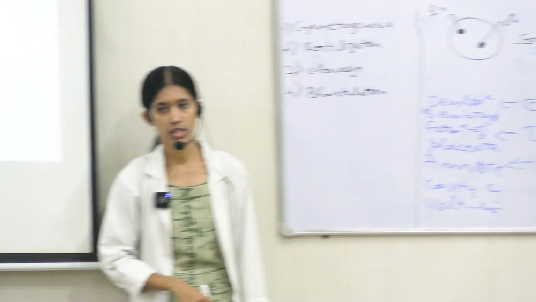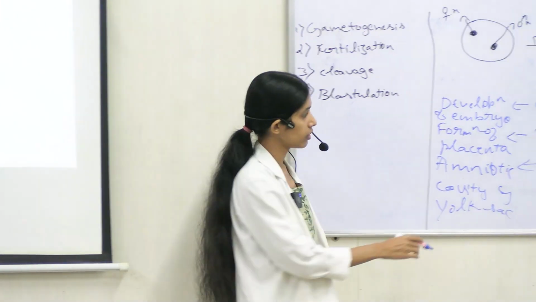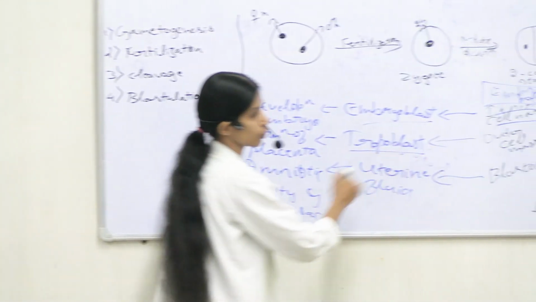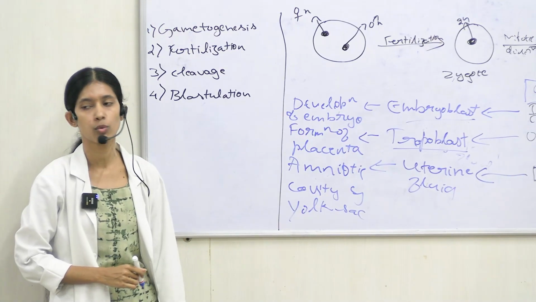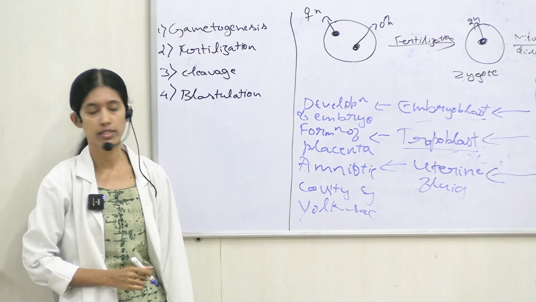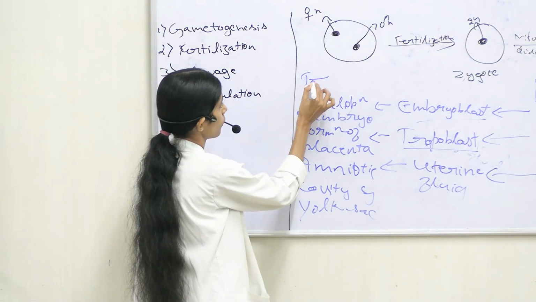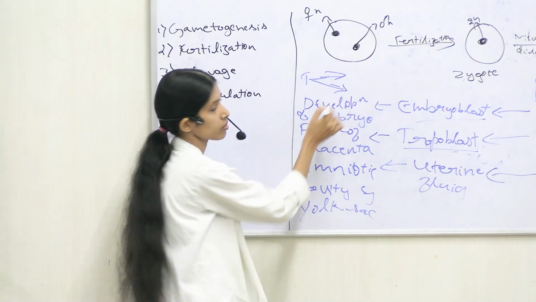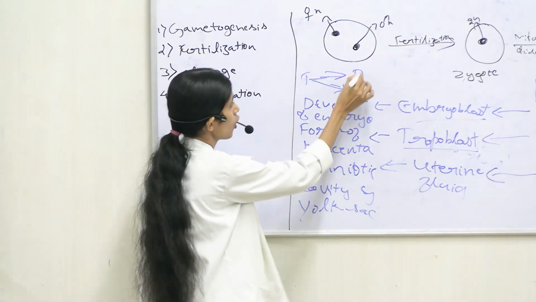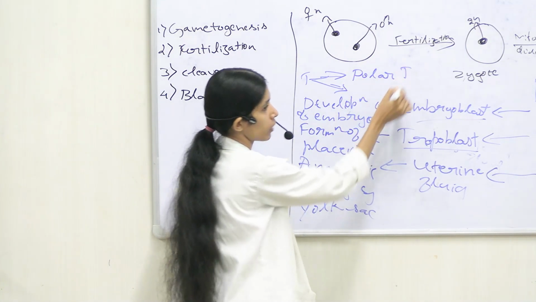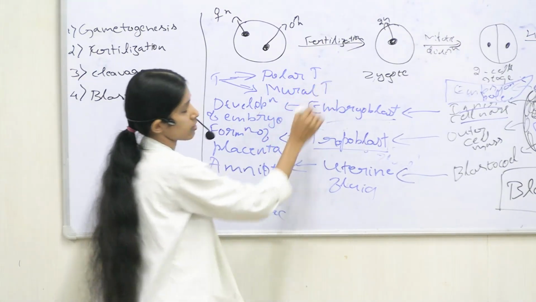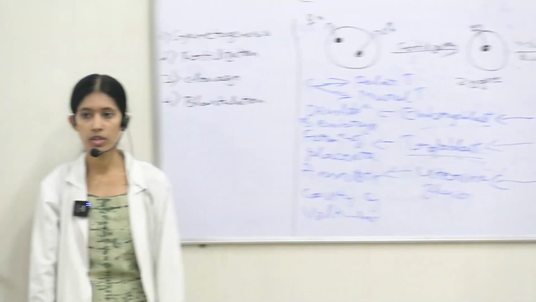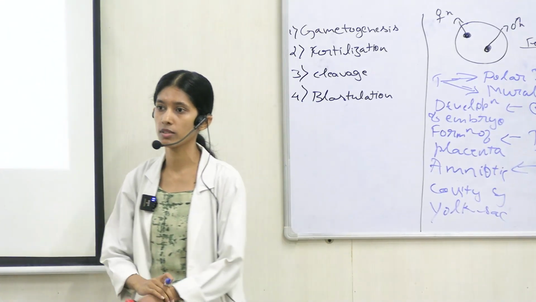And remember again, in the trophoblast we have two types. One is the polar trophoblast and the other one is the mural trophoblast. Which one is the polar trophoblast?